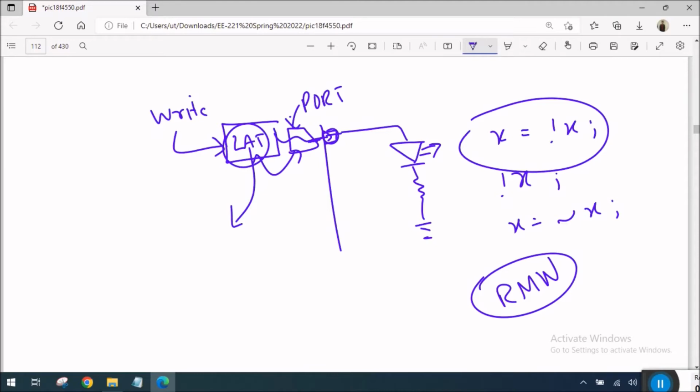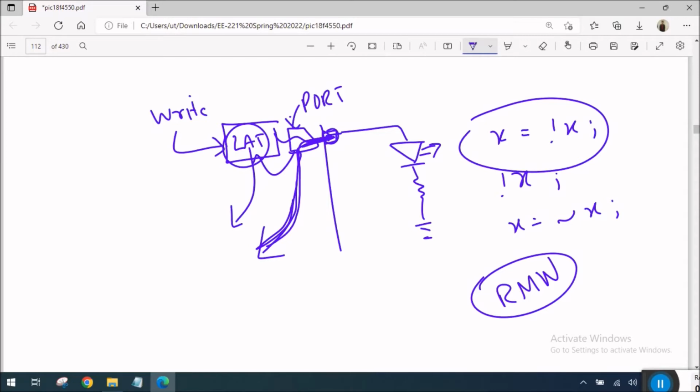Its state would be what I had actually sent as the output data. And obviously, when we have configured this port as an input port, we'll directly read the input state of this pin through the port register.